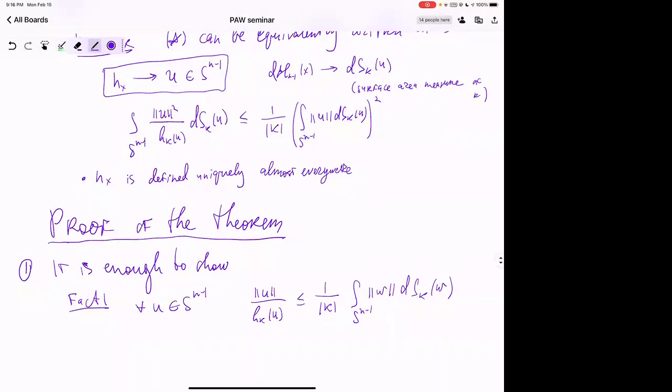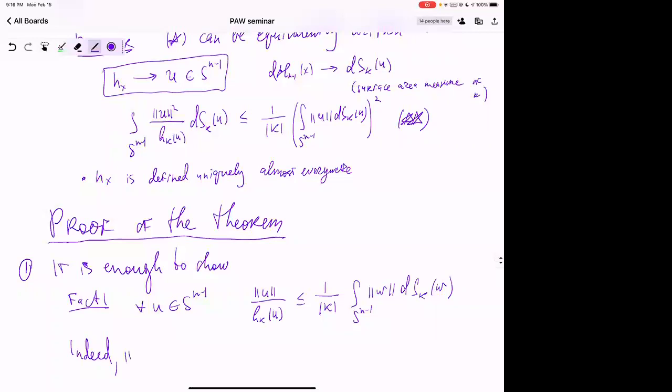So this is our, let me call it double star, right? So if we have this fact 1, we have immediately the square on the left. No, no, so indeed, let me outline.